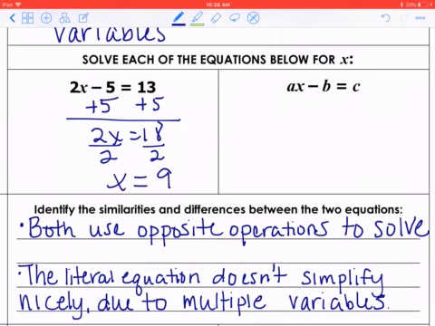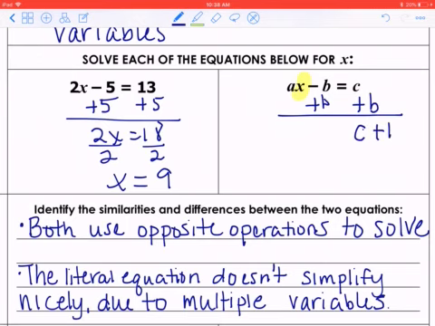The problem on the right is the exact same process, but now you're not going to get a number as an answer. So if I'm solving for the variable x, I'm going to treat it the same way. I'm going to add b to each side. c and b are not like terms, so I cannot combine them.